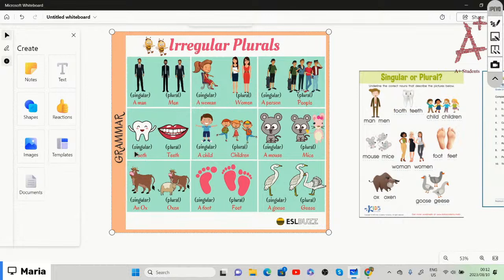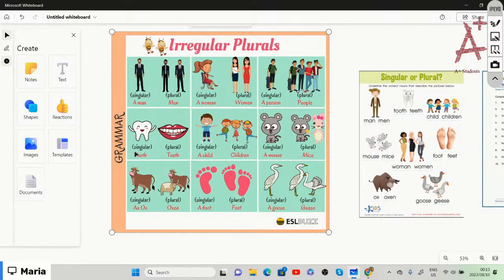Then we have an ox, it's singular. But if we are making mention of more than one ox, then we say oxen. So one ox, more than one, which is plural, oxen.